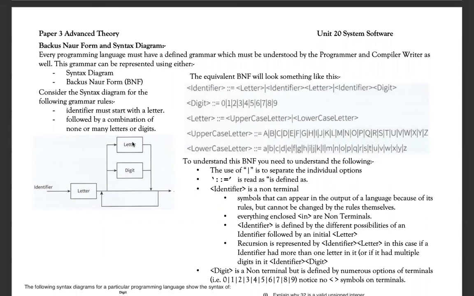So for example, you can see here, what is an identifier? Or in fact, we can say, what is a digit? According to this hypothetical language that we're talking about right now, a digit can be anything from 0, 1, 2, 3, 4, 5, 6, 7, 8, 9. Now, what do these individual symbols mean?